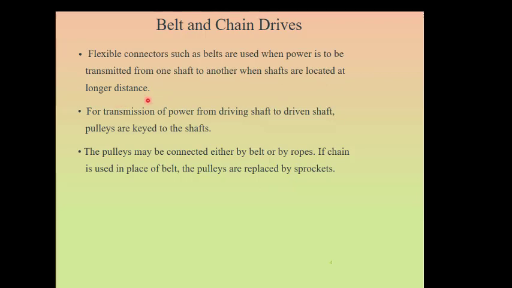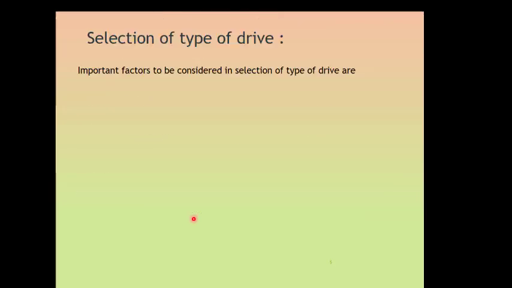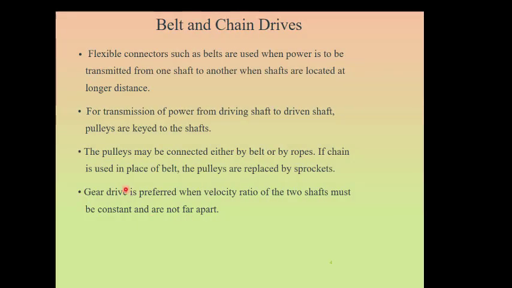We go for belt drives. For the transmission of power from the driver shaft to the driven shaft, a pulley is keyed to these shafts. Gear drives are preferable when the velocity of the shafts must be constant and the distance is limited, so that the velocity ratio will be more.